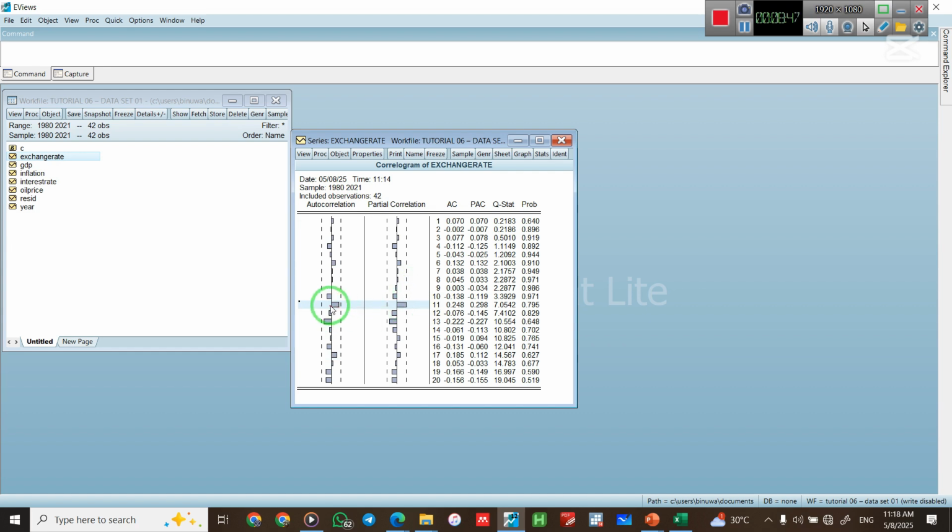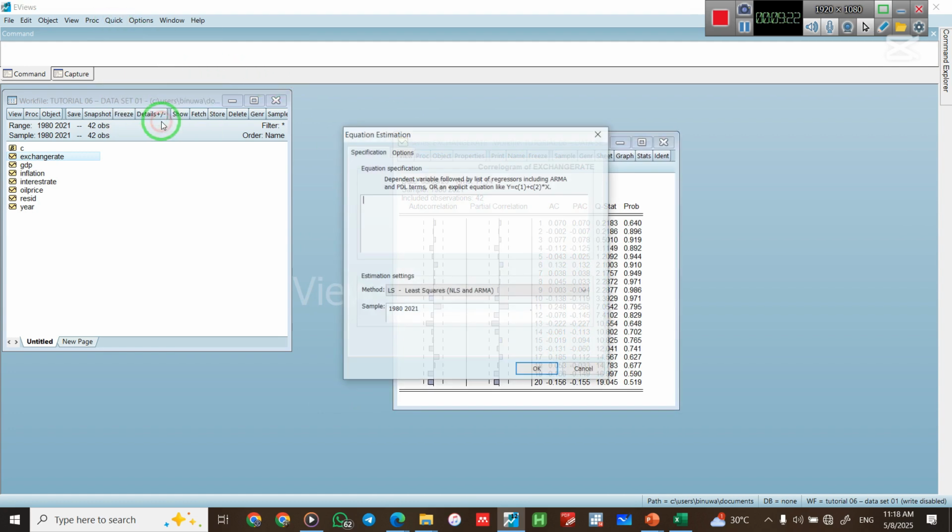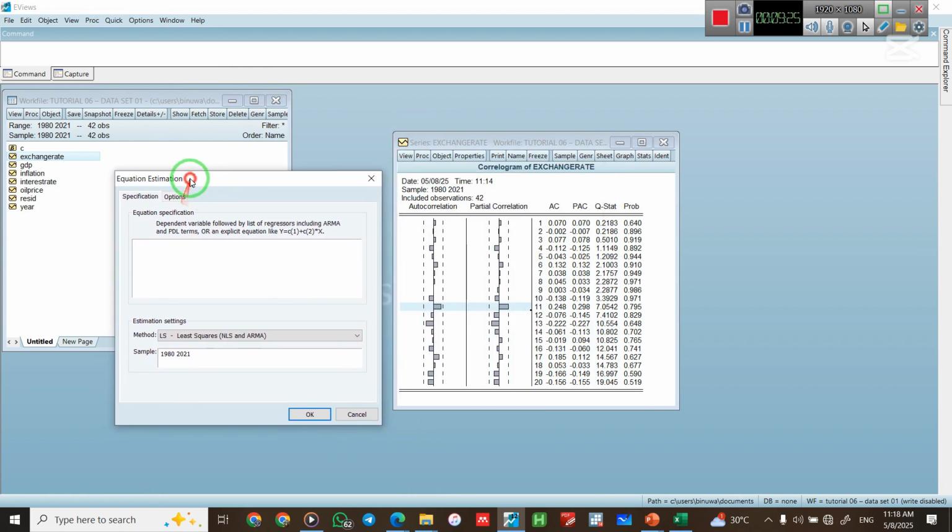Let's assume that this autocorrelation value also goes beyond the significance level for the moment. So now we have identified one lag in both the autocorrelation and the partial correlation, and now we can run the ARMA model. To run it, go to quick, then click estimate equation. In the estimate equation, our dependent variable is the exchange rate.